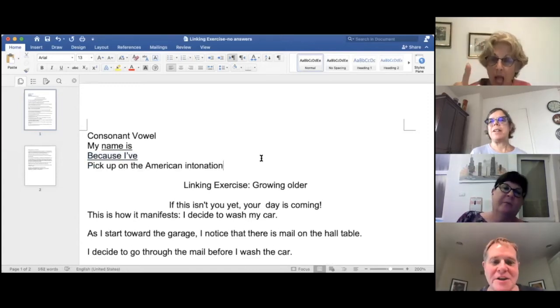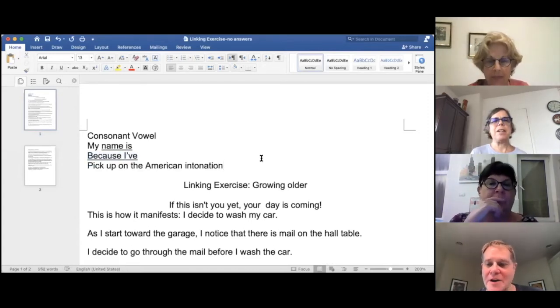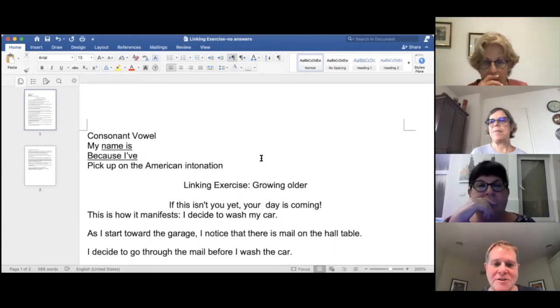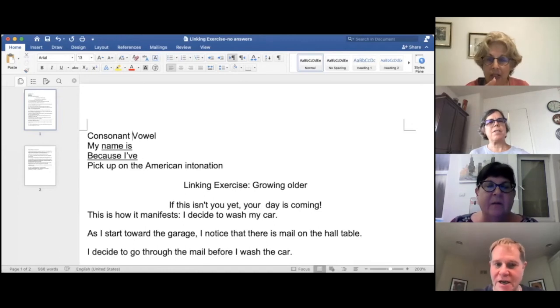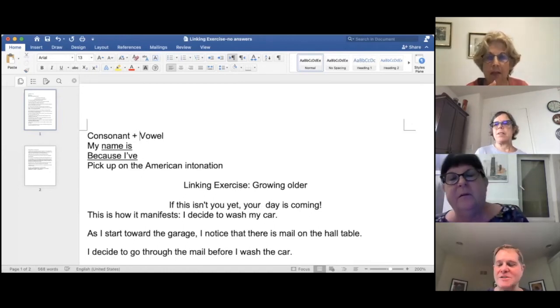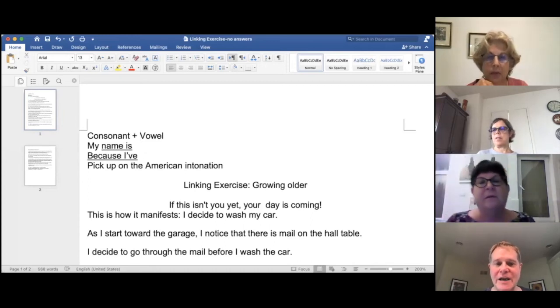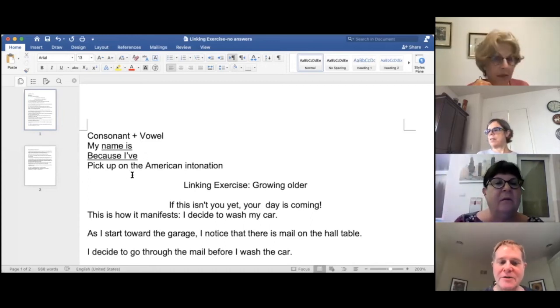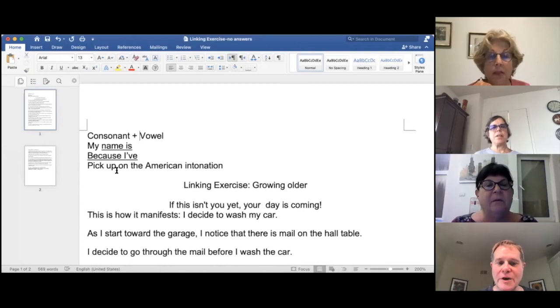So in this little phrase, pick up on the American intonation, what do you think links together? Which words link? When I've got a word that ends in a consonant and the next word starts with a vowel, I'm talking about a consonant sound and a vowel sound, then we're going to link together. So okay. Pick up, and it's going to sound like the K kind of jumps across.